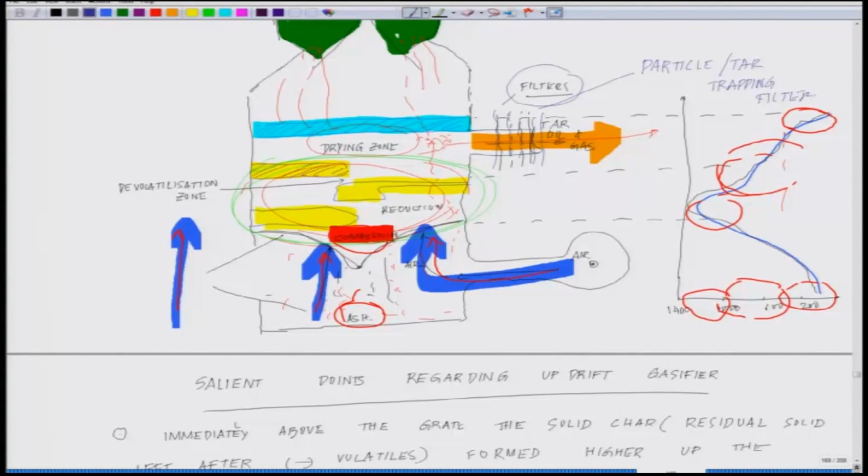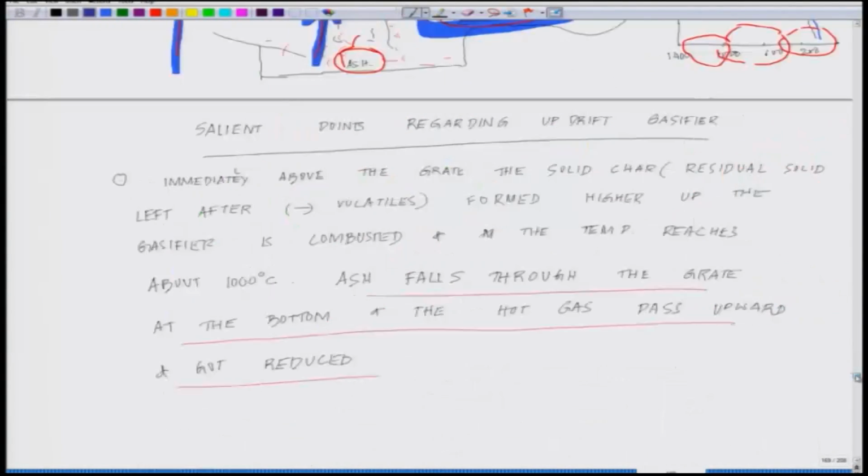Okay. So, these are the salient points of the gasifier. First of all, immediately above the grate, that is where the solid char residues left after the volatiles are removed higher up in the gasifier are combusted, and the temperature reaches about 1000 degrees centigrade. This is critical.